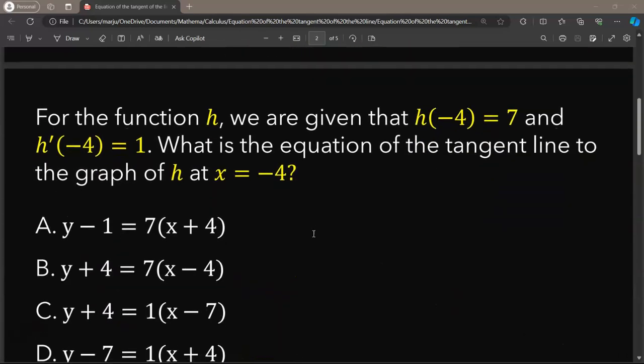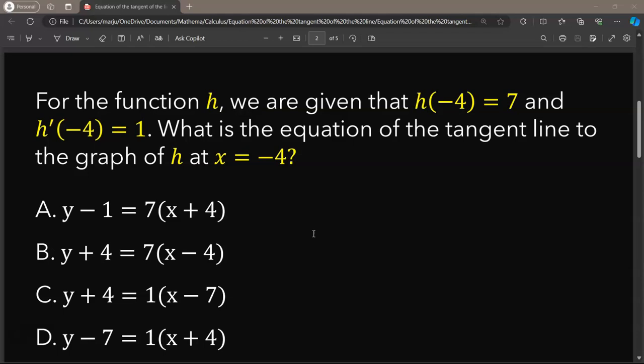So our first question is this. For the function h, we are given that h of negative 4 is equal to 7. Meaning, if we evaluate the function h at x equals negative 4, y will be 7. So we have this point, negative 4, 7.